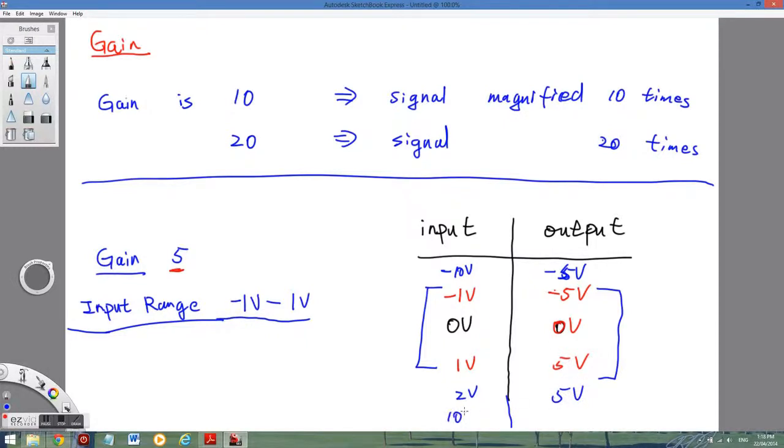Let's try 3 volt: the output will be 5 volt. If I have 10 volt, the output will be 5 volt, because this rule only works within this range.